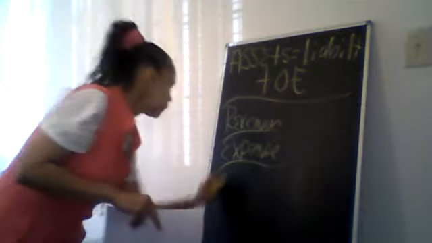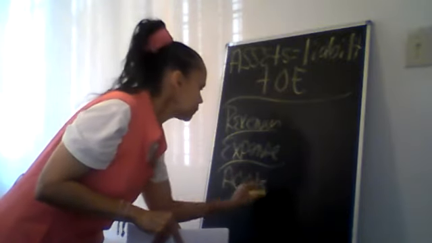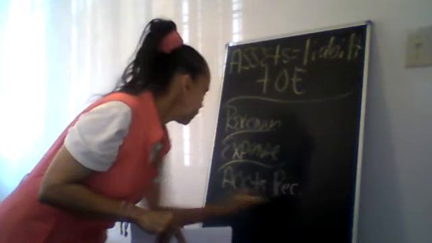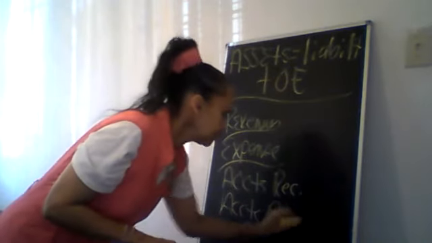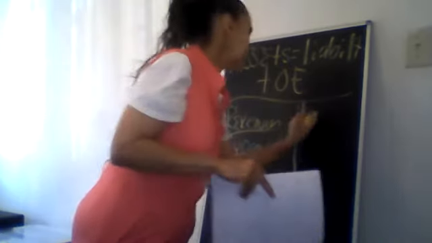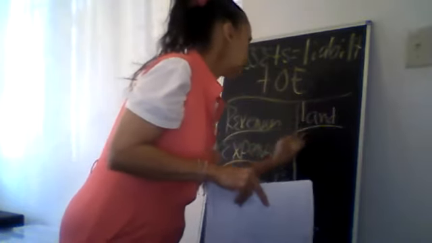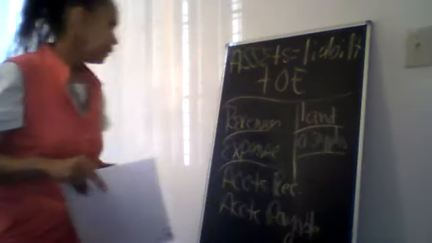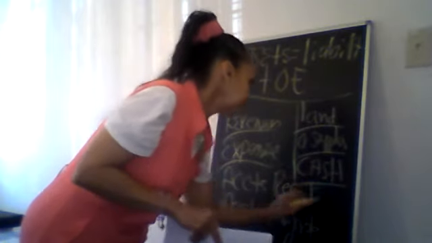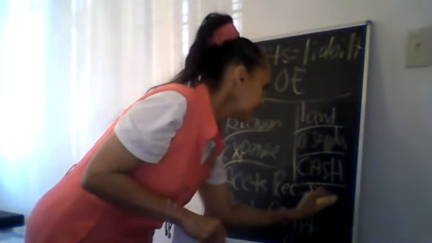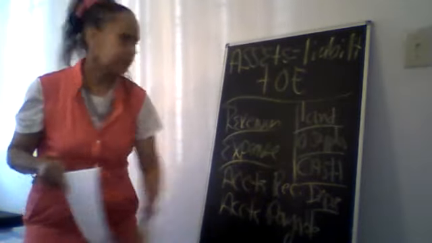Then we learned about accounts receivable, accounts payable, and we also have a land account, office supplies, a cash account, and a depreciation account: depreciation expense, accumulated depreciation.